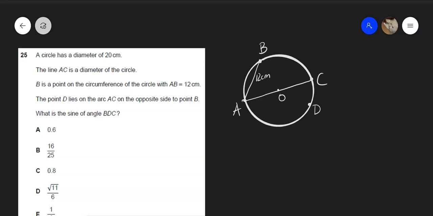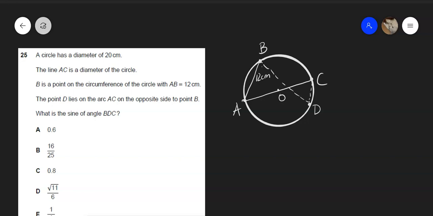Alright, so we need to find the sine of the angle BDC. Okay, so this one here, BDC. The way I suggest to look at this problem is to look at the two angles, angle BAC and the angle BDC.